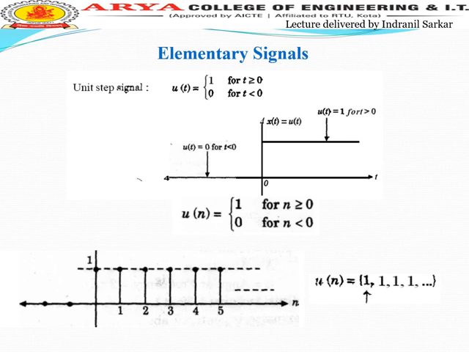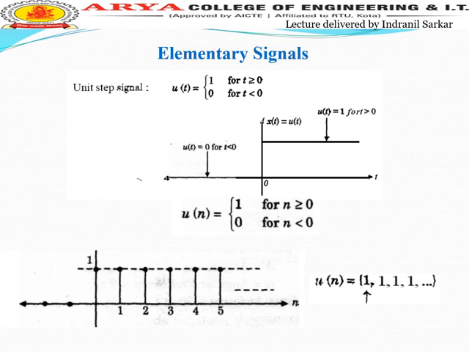Elementary signals. First, the unit step signal, which is represented as u(t). u(t) is equal to 1 for t greater than or equal to 0 and 0 for t less than 0. In the figure we see that on the right hand side, in the positive axis, u(t) is equal to 1.